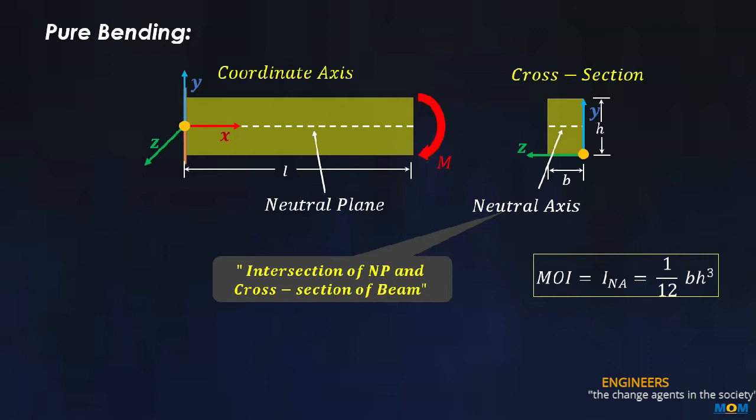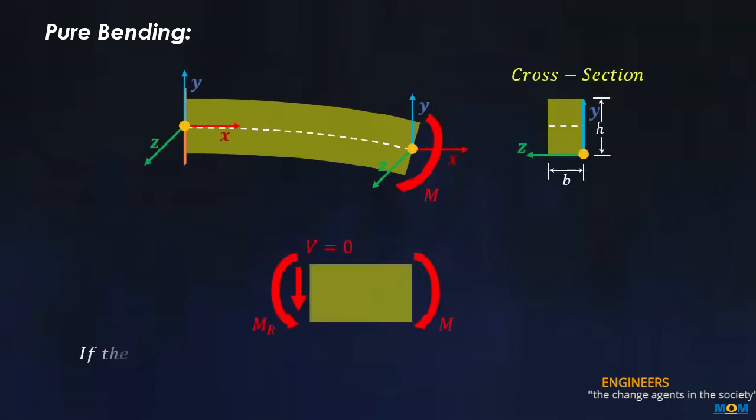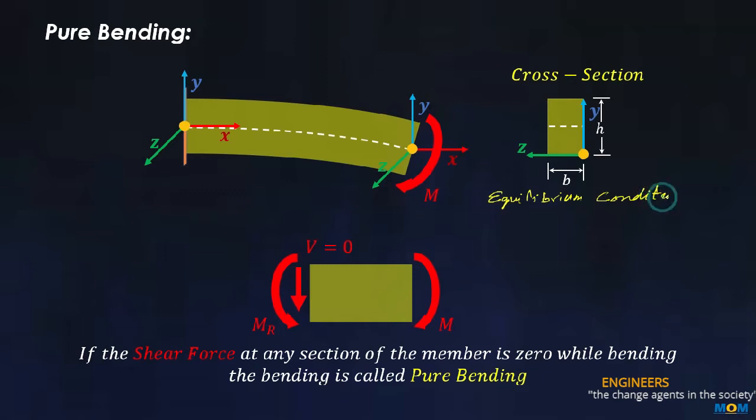Upon application of the moment, pure bending is produced, which means there is no shear force. By applying equilibrium conditions, the summation of moment is equal to 0.